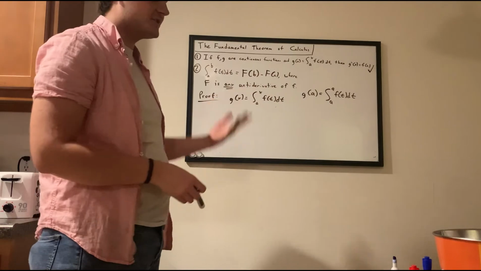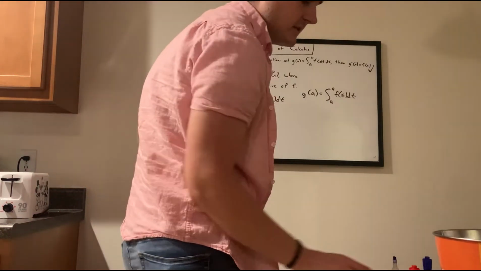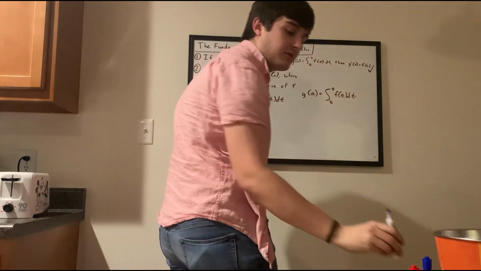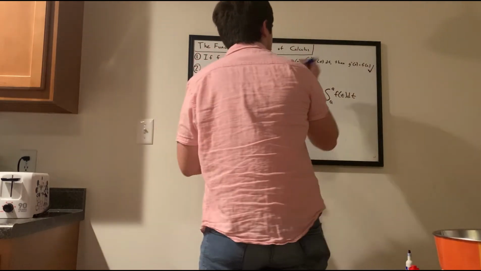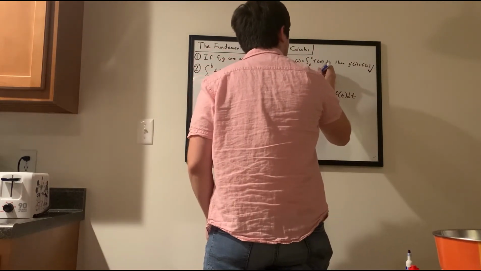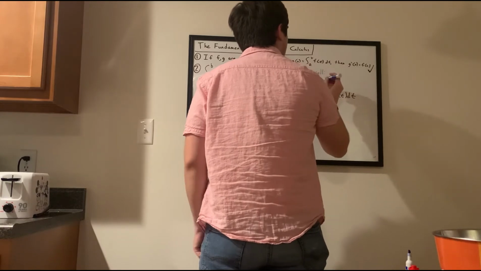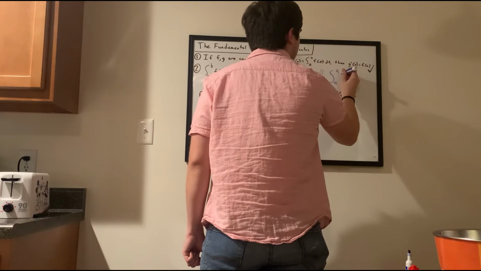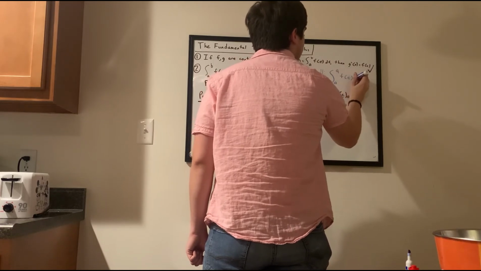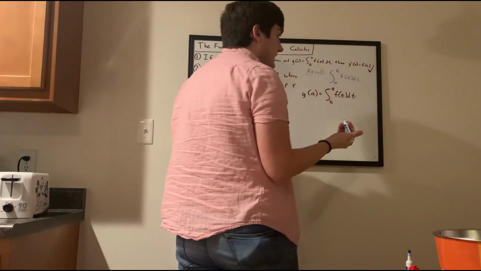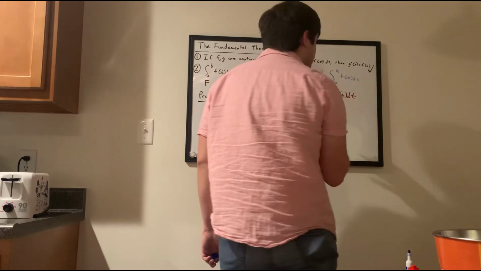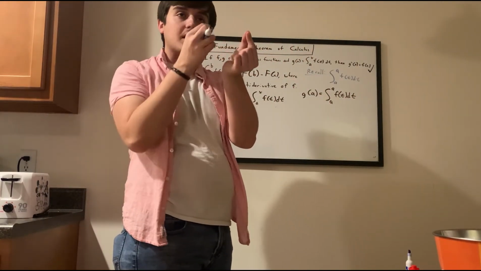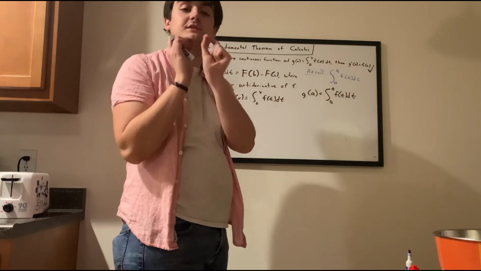Well, if you're not sure what's supposed to happen with that, let's recall real quick that the integral from a to a of f of t dt, or f of x dx, since I'm going from one value to the same value, I basically have a box with 0 width.